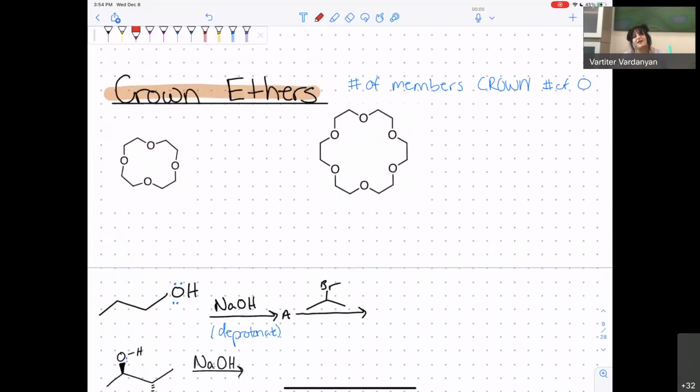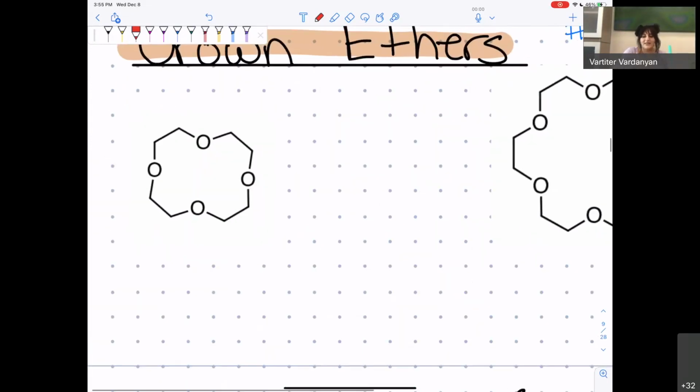Crown ethers. I don't think Dr. Roche ever talked about this, so RIP Roche students. But for my lovely Dr. West students, all you have to do to name these guys is do blank, crown, blank. The bigger number is always going to go first, and the smaller number goes second. The smaller number is the number of oxygens. So here we have 4.